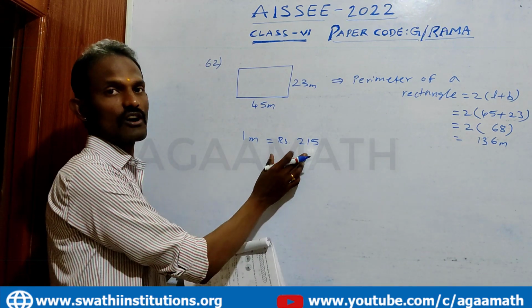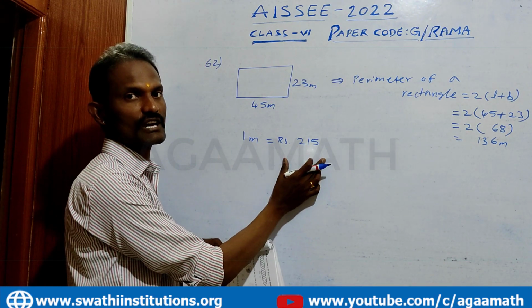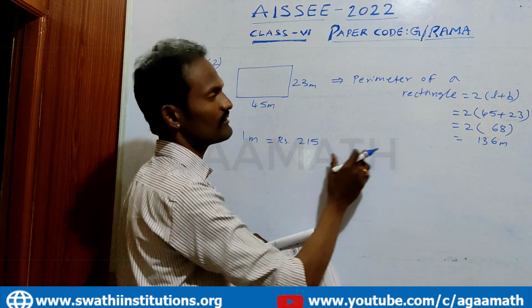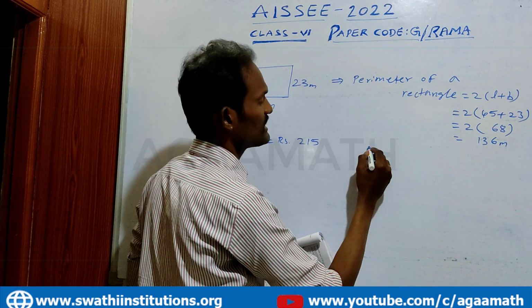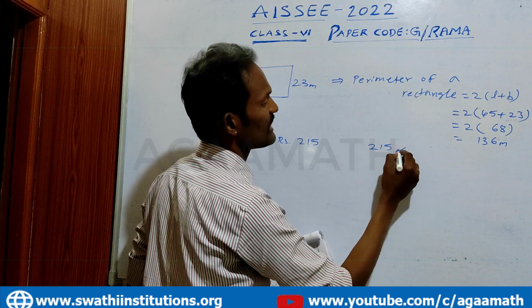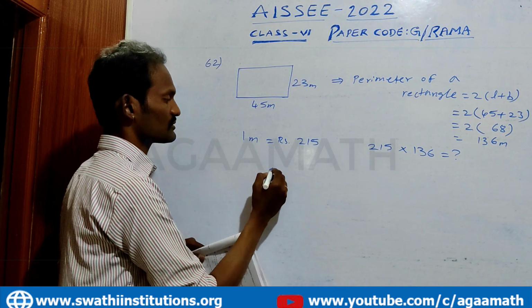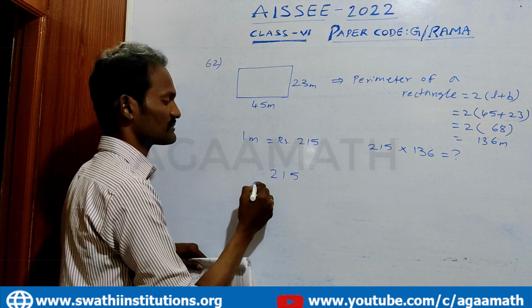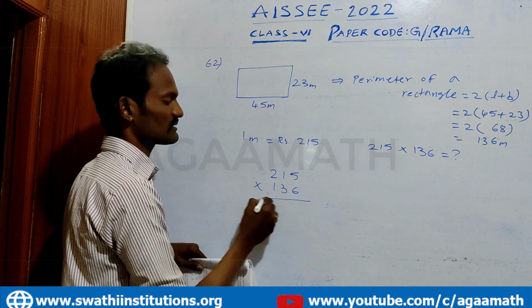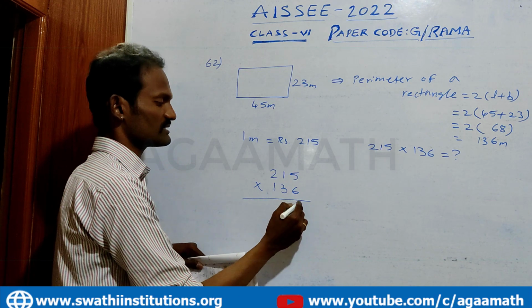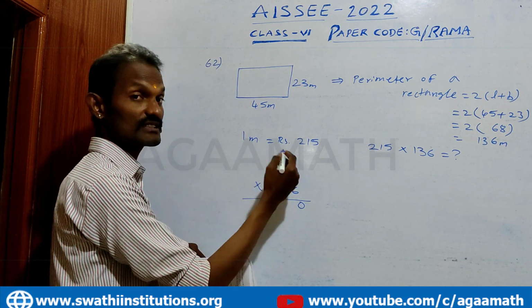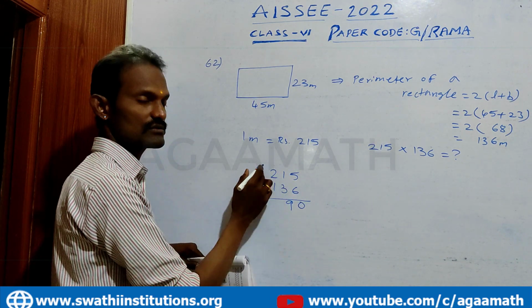Okay, so the cost of 1 meter is 215. Now we have to find the cost of 136 meters. So 215 times 136 is how much? 6 times 5 is 30, 3 remains, 6 times 1 is 6 plus 3 is 9, 6 times 2 is 12.